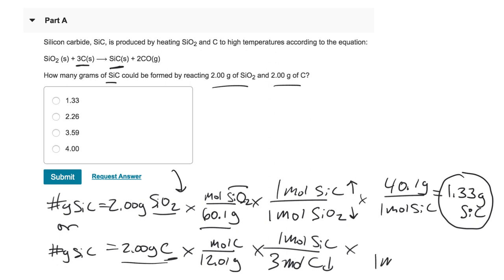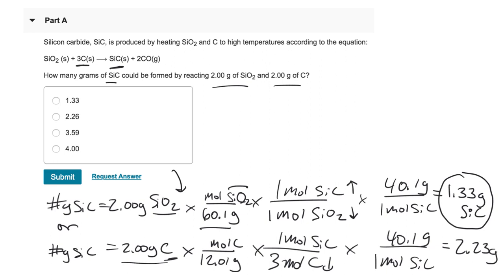And then for every 1 mole of silicon carbide, it's, of course, the same mass, 40.1 grams. So 2 divided by 12.01 divided by 3 times 40.1 is 2.23 grams.